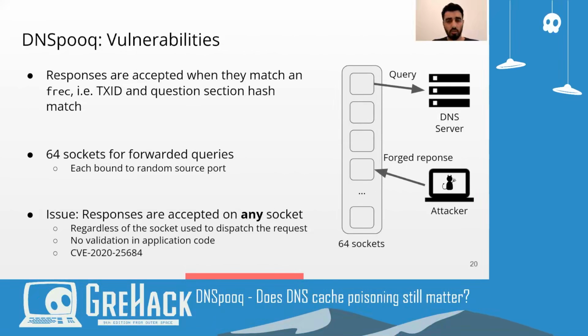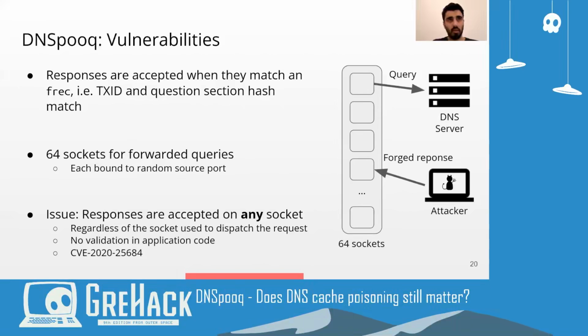The issue within DNSmask, the security bug, is that responses may be accepted on any socket, regardless of the socket used to submit the query. So if the query was submitted from one socket, a valid response, a response that matches the transaction ID and the question section hash, can be accepted on any of the 64 sockets.